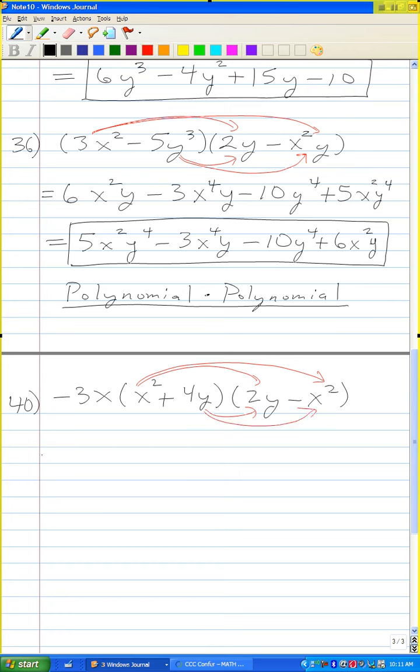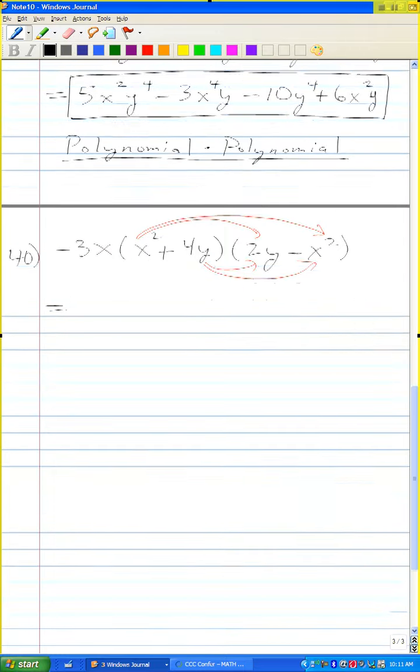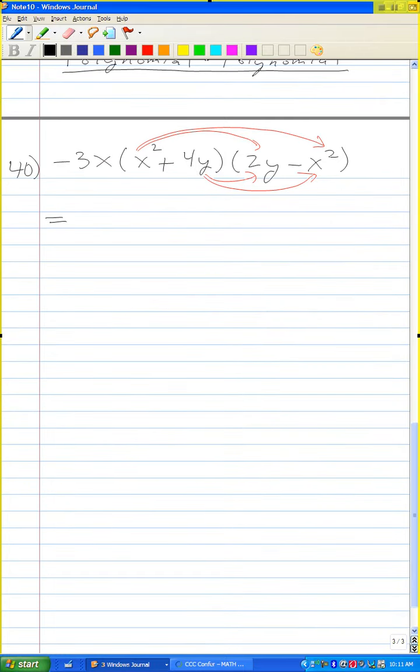And so I get negative 3x times 2 x squared y minus x to the 4. And let's multiply everything by 4y.